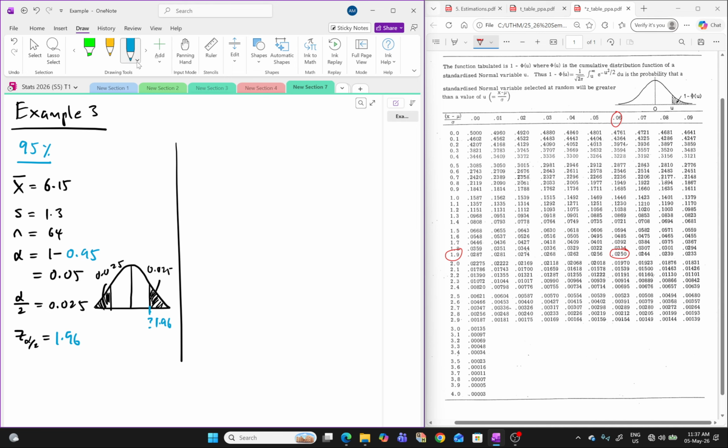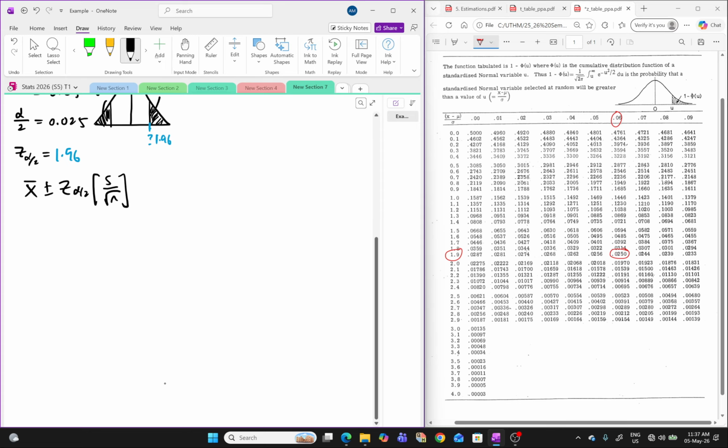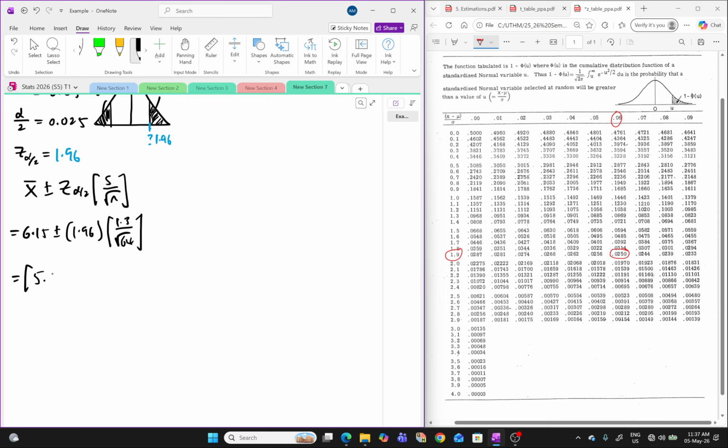Once you find your critical value, you can find the interval by using the formula. This should be the answer.